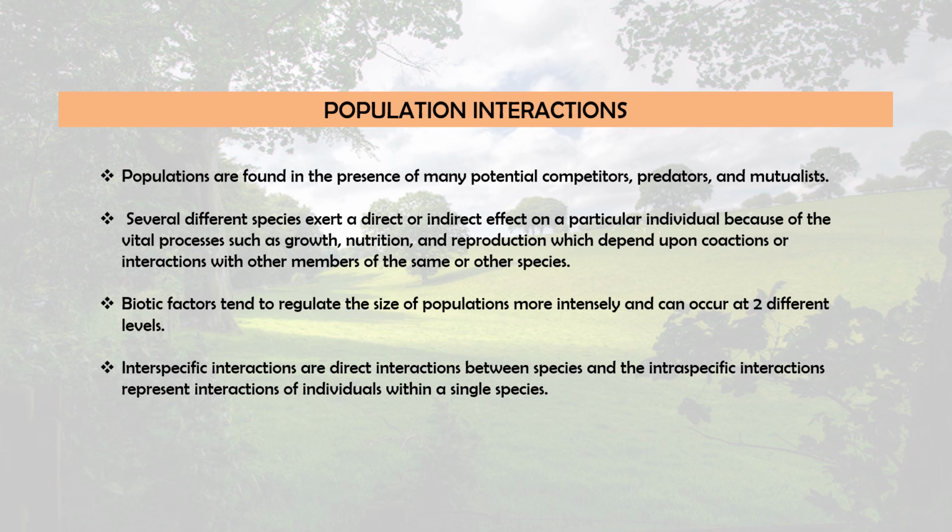So the populations that we study do not exist in nature alone, and they are found in the presence of many potential competitors, predators, and mutualists. Generally, a number of different species exert a direct or indirect effect on a particular individual because vital processes such as growth, nutrition, and reproduction depend upon coactions and interactions with other members of the same or other species.